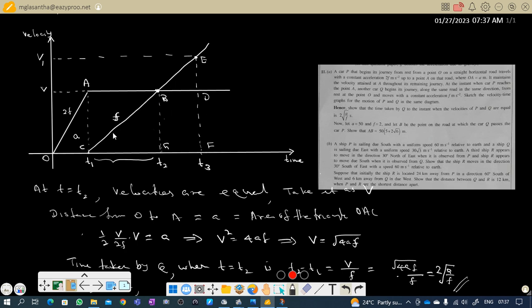If you remove that common part, the area of OABC quadrilateral is equal to the area of triangle BDE, right? Let's see how you can calculate that value.